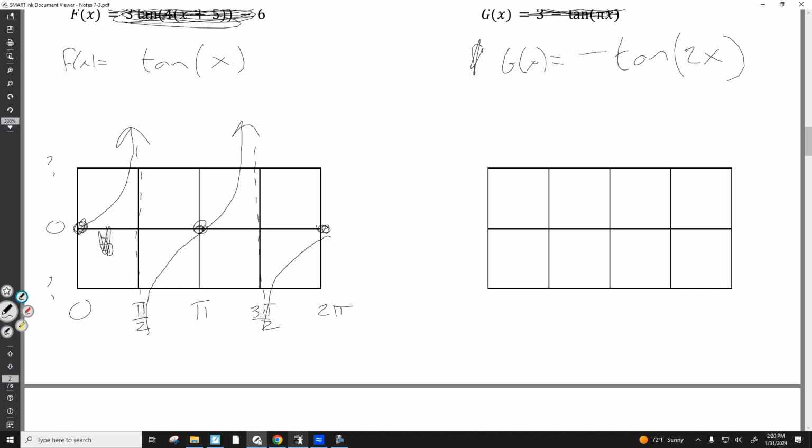Now, here's what's tricky. Pi is your period, right? Here's your deal. Your period is pi, horizontally dilated by a factor of 2. My period is pi over 2.